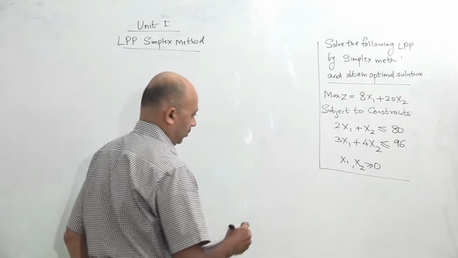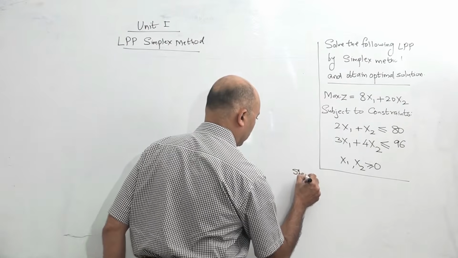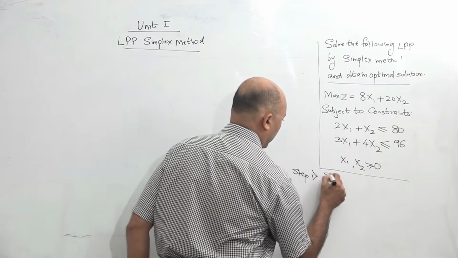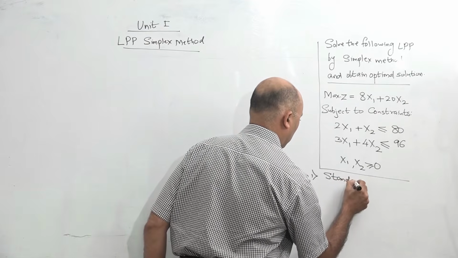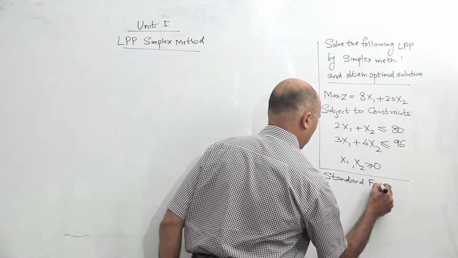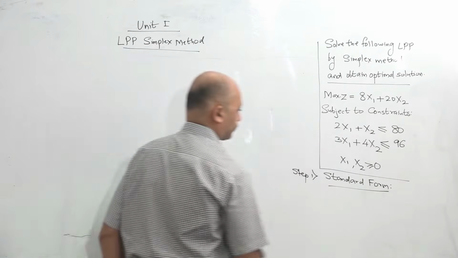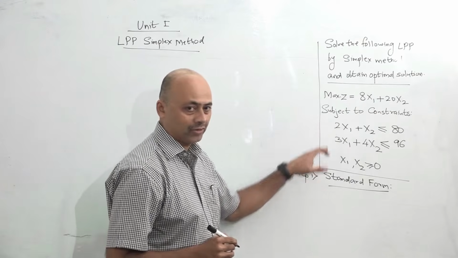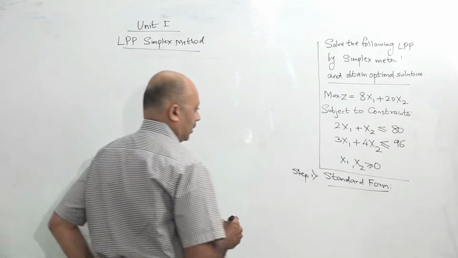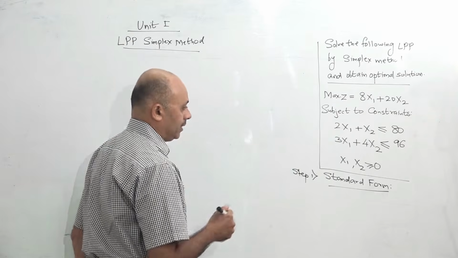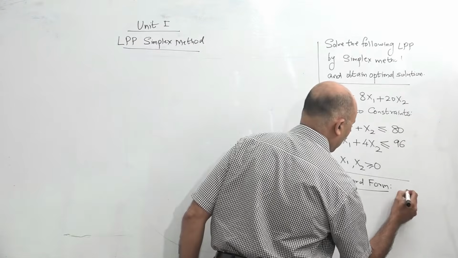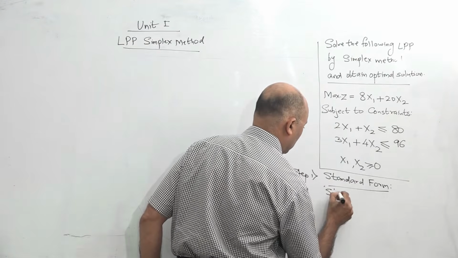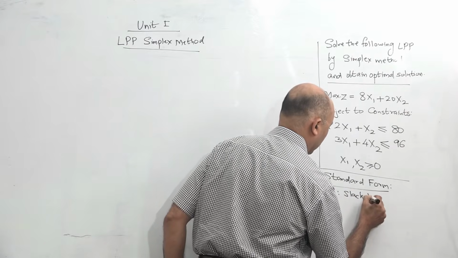The first step in simplex is called standard form. In standard form, we convert both the constraints into equalities, and we introduce one extra variable in each. That extra variable is represented by s, and that is called a slack variable.